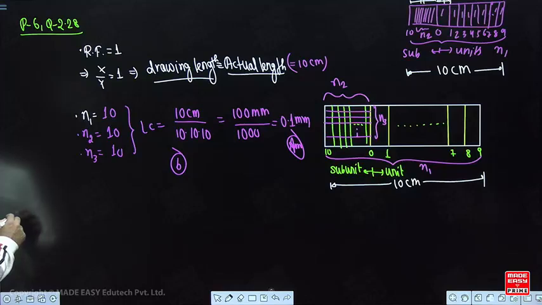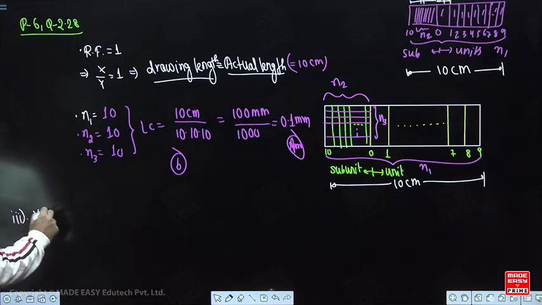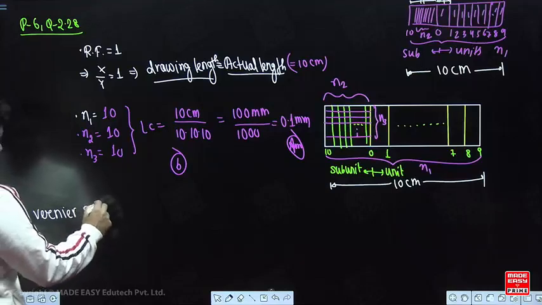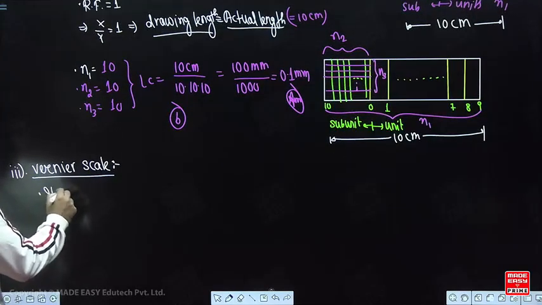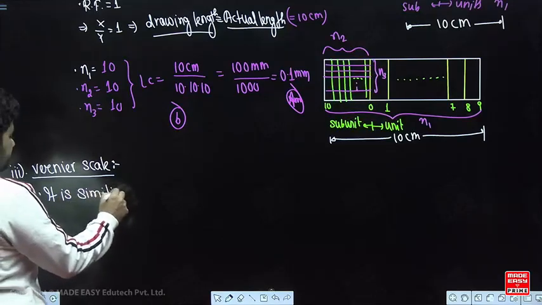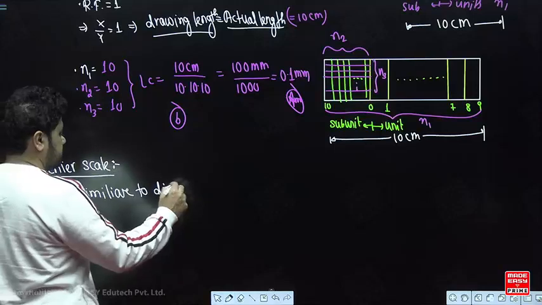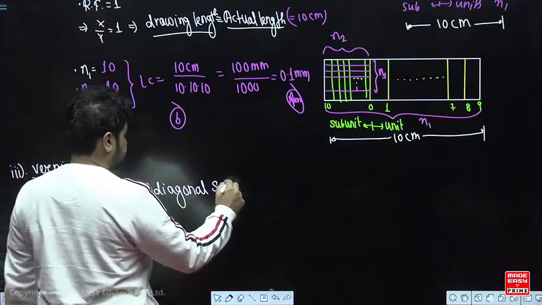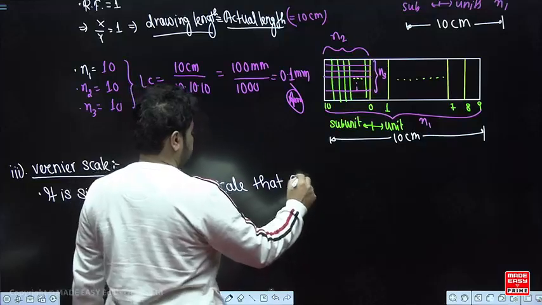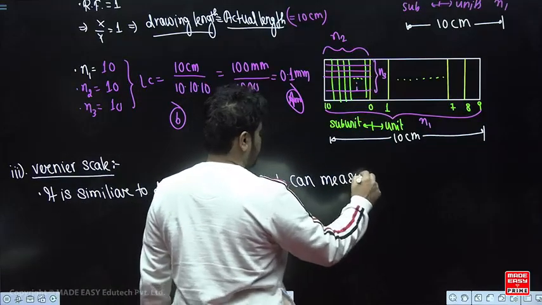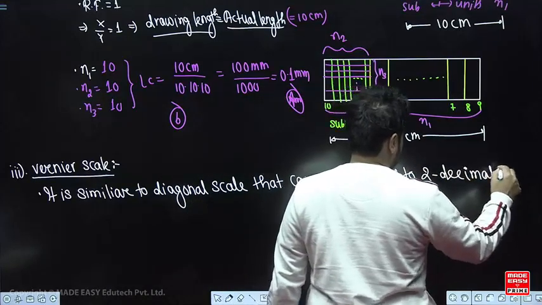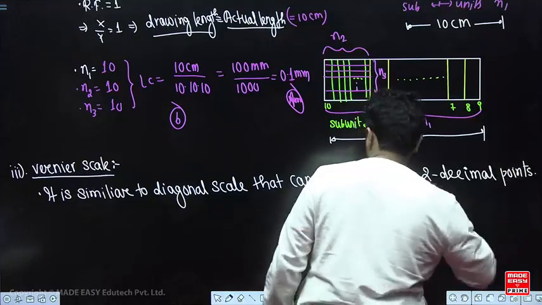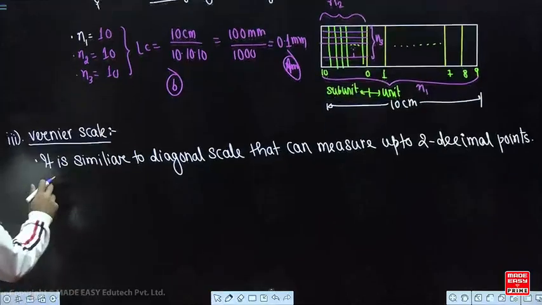So third is your vernier scale. It is similar to diagonal scale that can measure up to 2 decimal points, right?